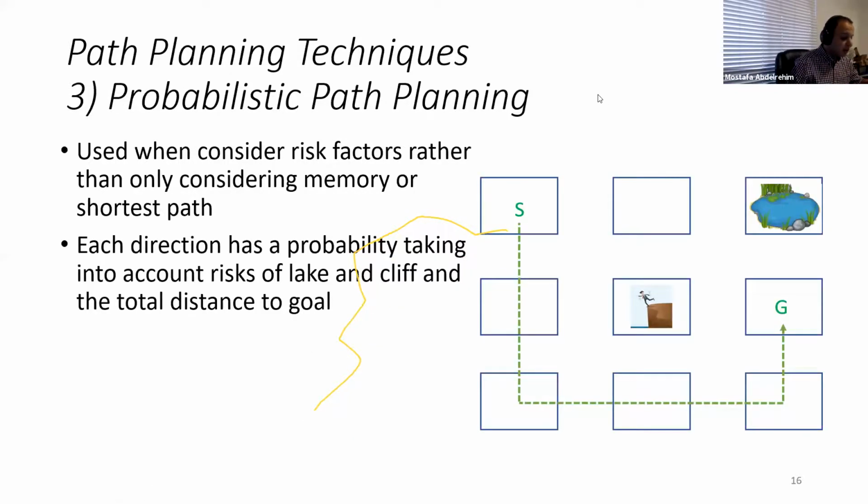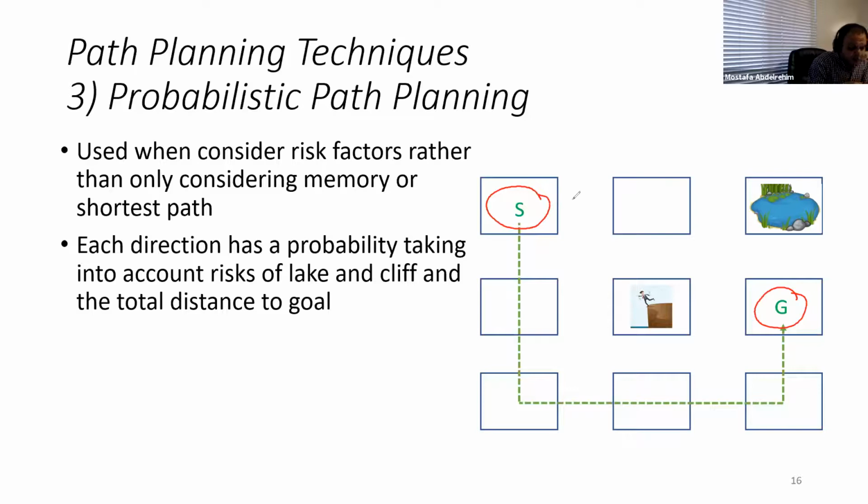But for probabilistic path planning, it's different. You will consider other factors in determining the path between a source and a goal. One of these factors is the risk. So the source here is here, and this is the goal. What is the shortest path?